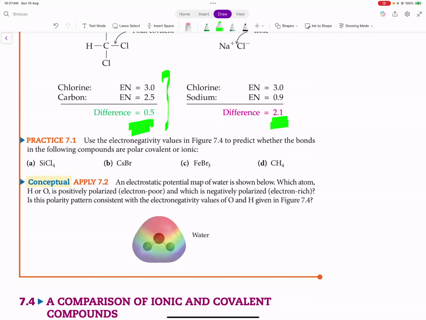Sir, the first one is polar covalent, and the second one is ionic.